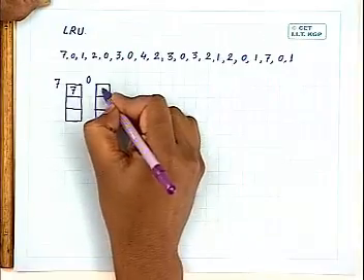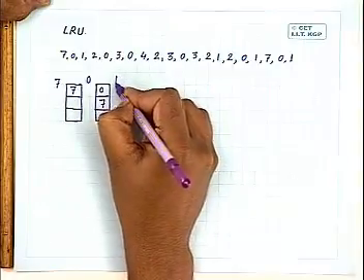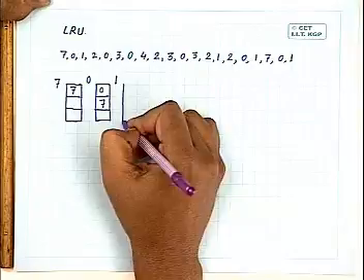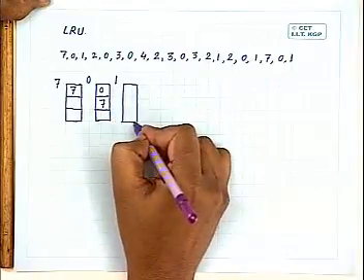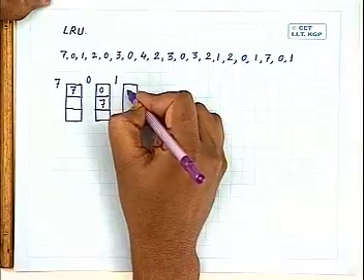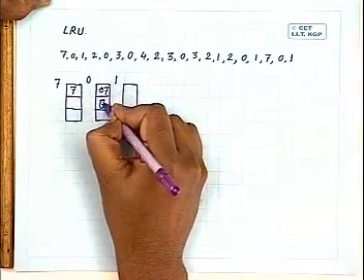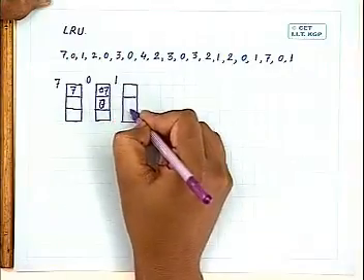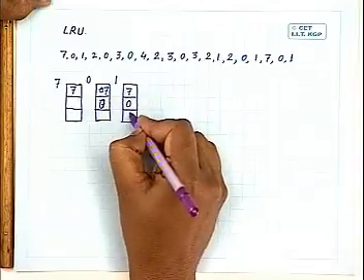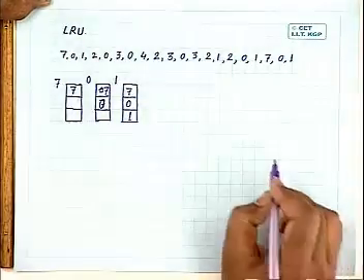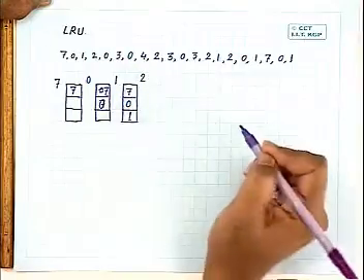Next time when page number 1 is referred, again the last available frame will be used to accommodate page number 1. So the situation will be 7, 0, 1.